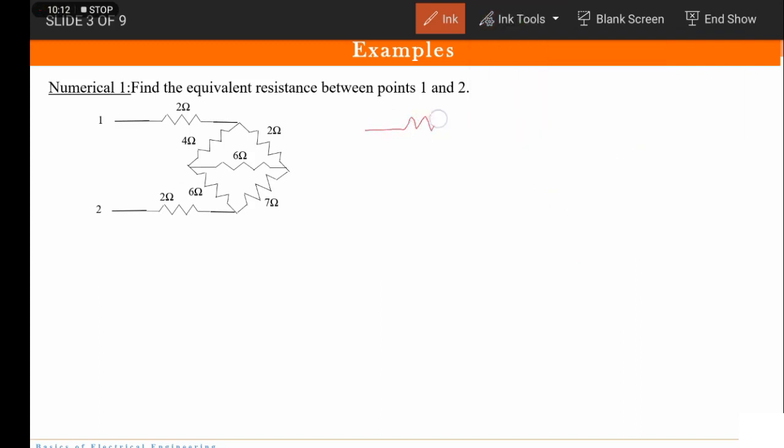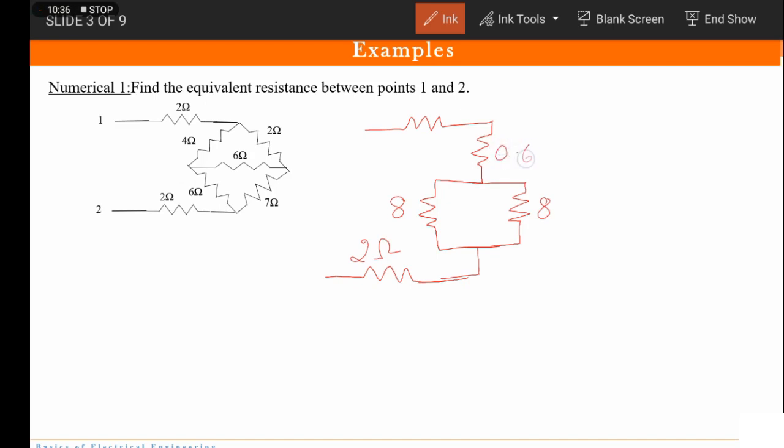So again, I will draw the new circuit. So this is 2. This we calculated to be 8.